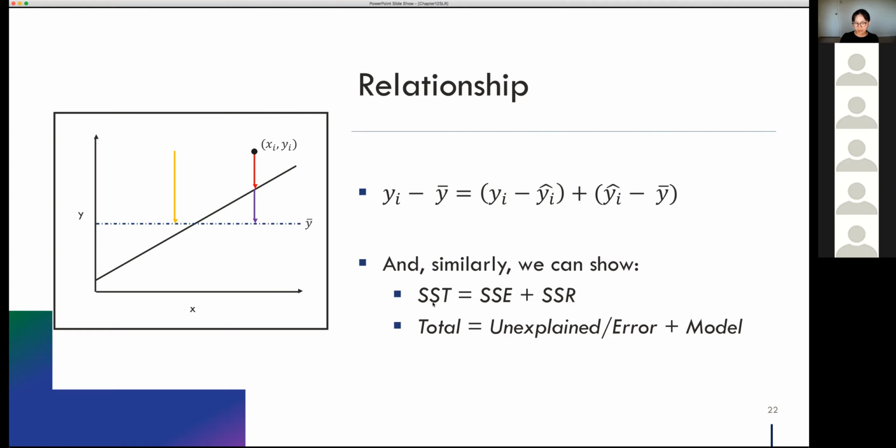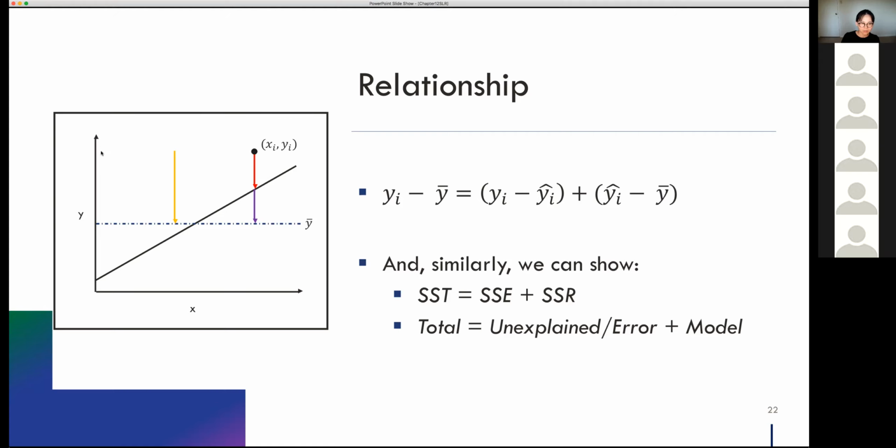To understand how they have this relationship, you can think of it as rewriting yi minus y bar as two parts. This horizontal dashed line is your y bar, the mean of all your response variable y, and this is yi, a data point here.